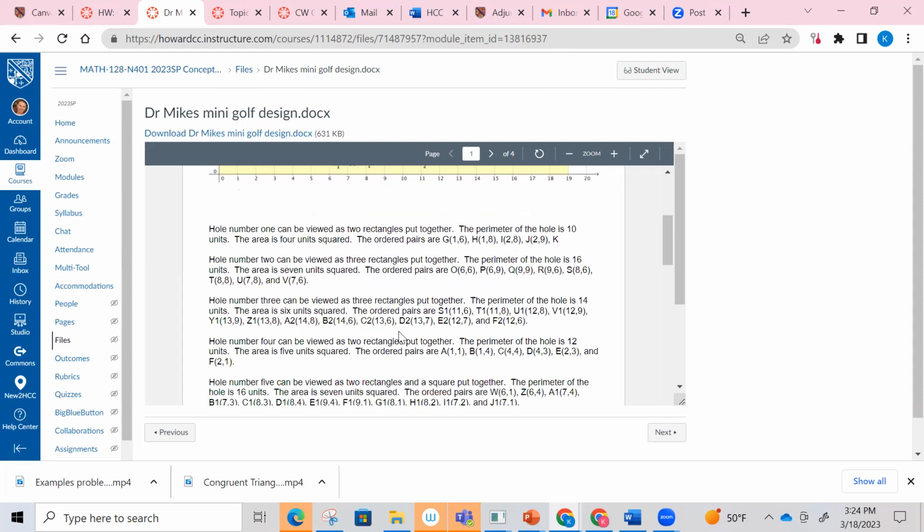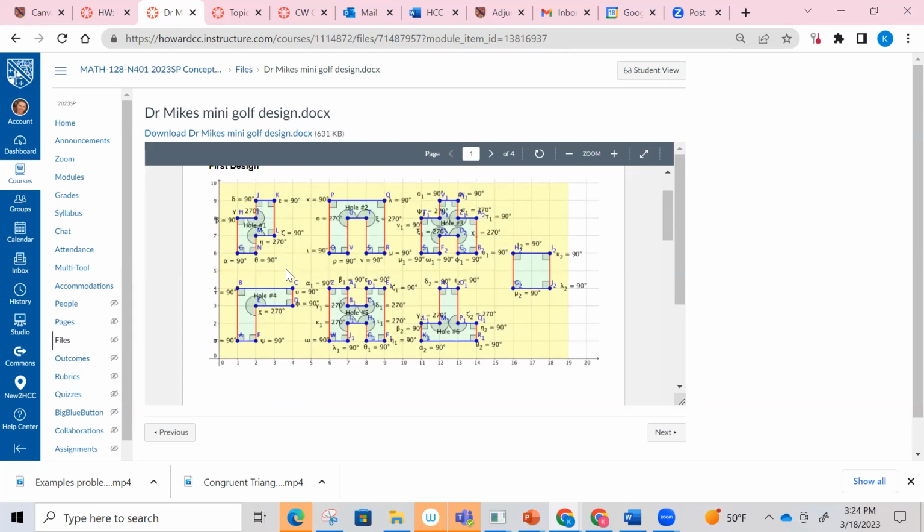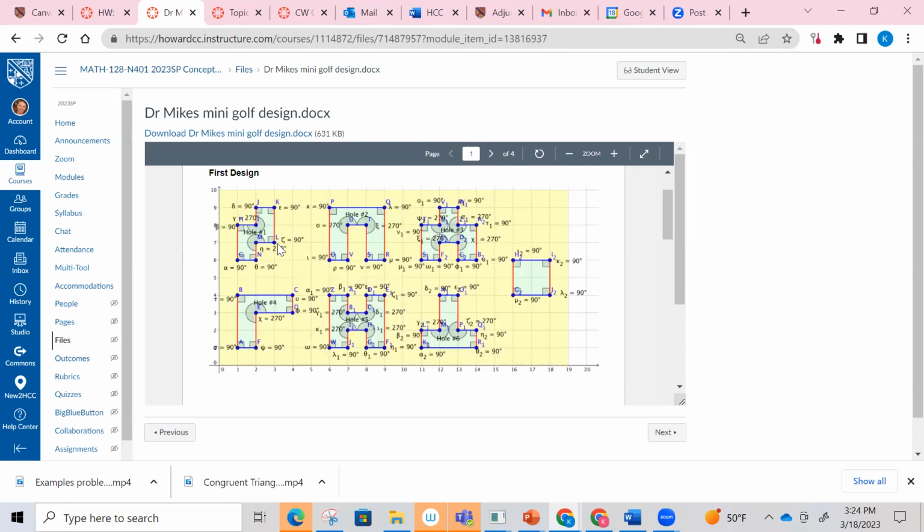And then in your report, you need to write up how it's composed. So like hole number 1, which is here, it says this can be viewed as 2 rectangles put together. So you could split it here and I have 2 rectangles.